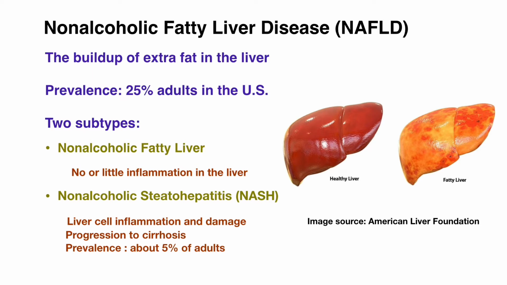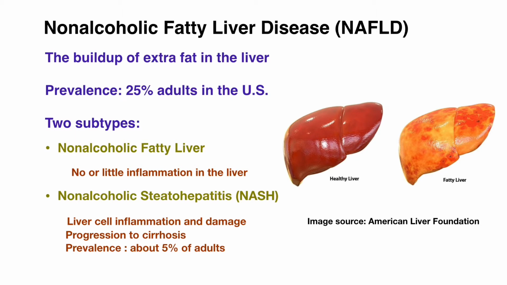Non-alcoholic fatty liver disease has two subtypes, non-alcoholic fatty liver and non-alcoholic steatohepatitis or NASH. Non-alcoholic fatty liver is the mildest form of the disease. People with non-alcoholic fatty liver have extra fat in the liver, but there is no or little inflammation in the liver and there is no liver damage.